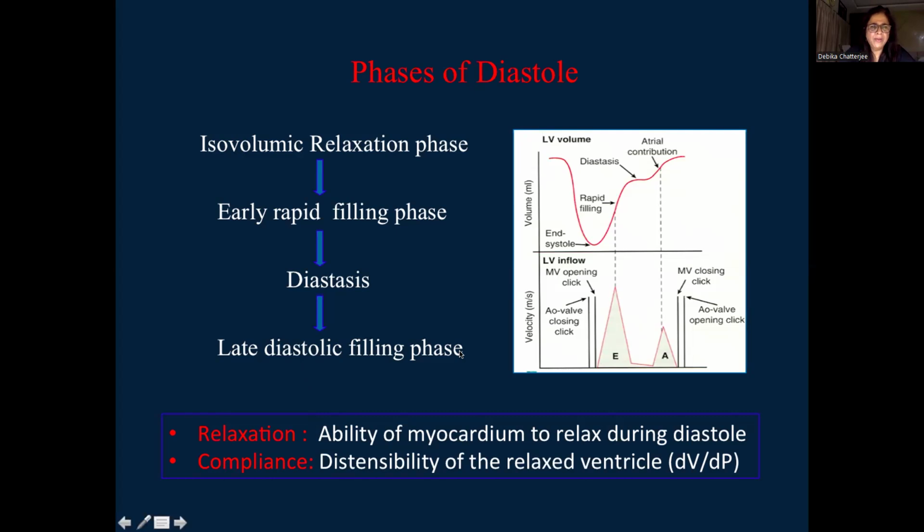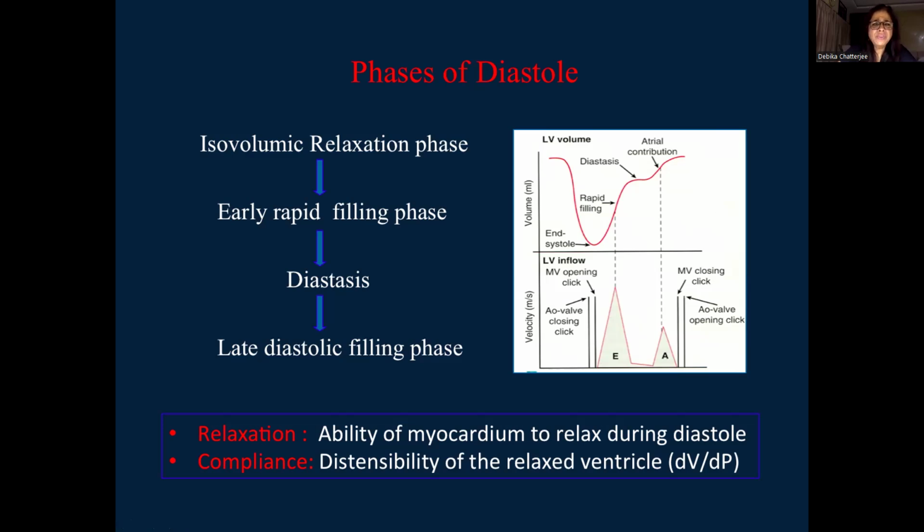It is due to the left atrial pump, and we get a relatively smaller wave than the E wave because the amount of blood is less, only 20% normally. So the A wave is due to the late diastolic rapid filling phase. And as the 20% of the blood is gone, the mitral valve closes and diastole ends.